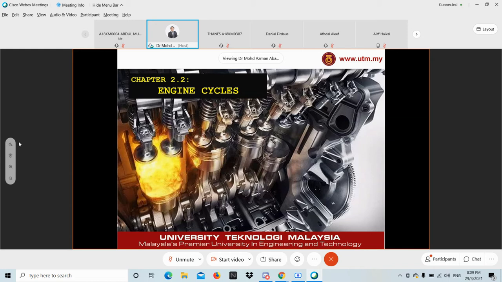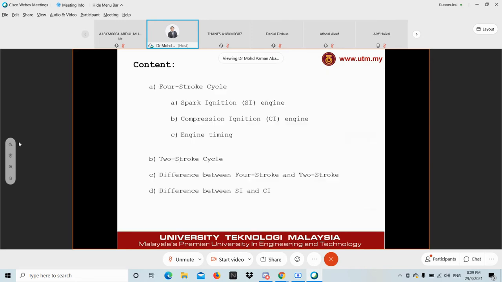So let us move on to engine cycles. For this session, we're covering the four-stroke cycle. Under the four-stroke cycle, we will cover the spark ignition engine, or SI engine. We will also cover the compression ignition engine, or CI engine.